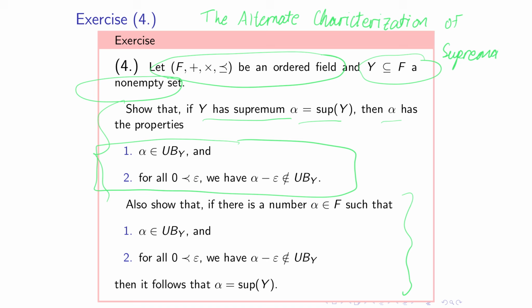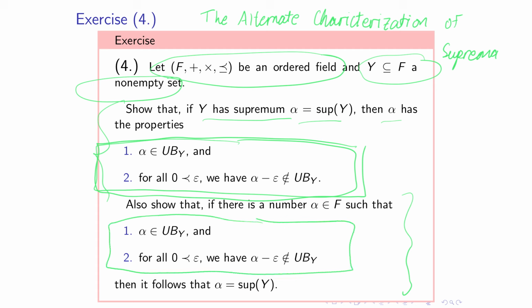Of course, there's also a corresponding alternate characterization of infima, but in any case, that's what I'm going to call it because if it is the supremum, then it has these two properties. If some number has these two properties, then it is the supremum. So since it goes in both directions, this is an equivalence.